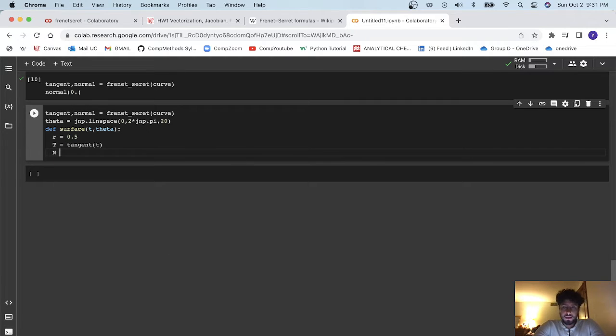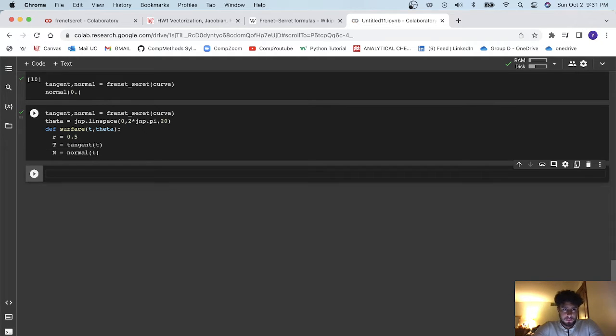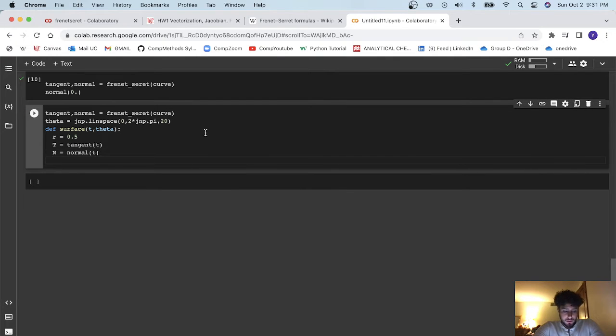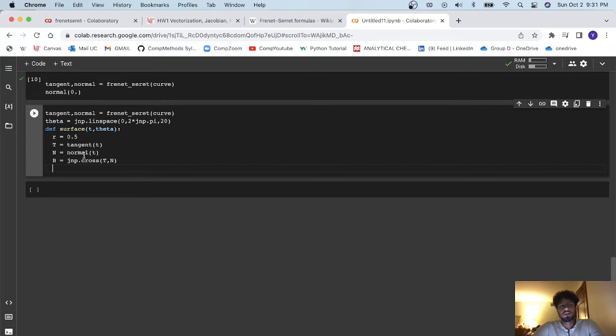We're also going to define the normal vector at a point t. We're also going to define b, which is a cross product. We're going to use np.cross, and we're going to take in the values of t and n. So that function just takes the cross product of t and n.